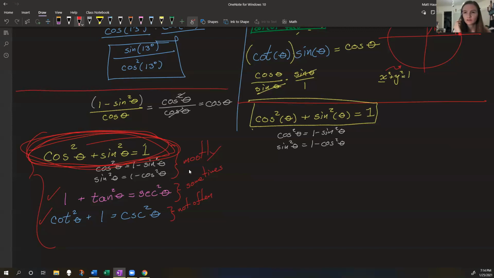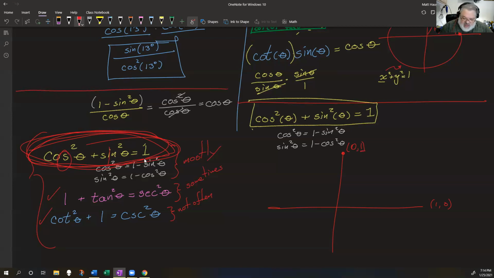Does that make sense? It does, but I think that's just a specific case. So it's the 0, 1 that's there, or the 1, 0 that's there. If you put either of those into the Pythagorean identity, sure, you get 0 squared plus 1 squared is equal to 1. True.